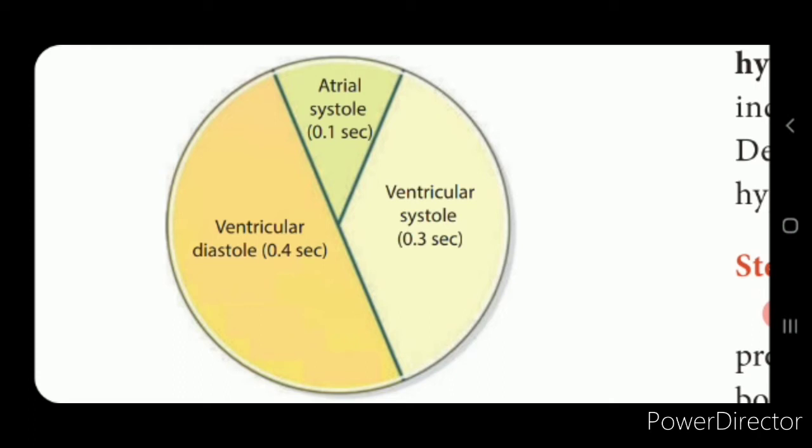The next one is the ventricular diastole, which takes place for about 0.4 seconds, and this is the relaxation of the ventricle. When you add all this, that is 0.4, 0.3 and 0.1, it comes to 0.8 seconds. So every cardiac cycle lasts for about 0.8 seconds.